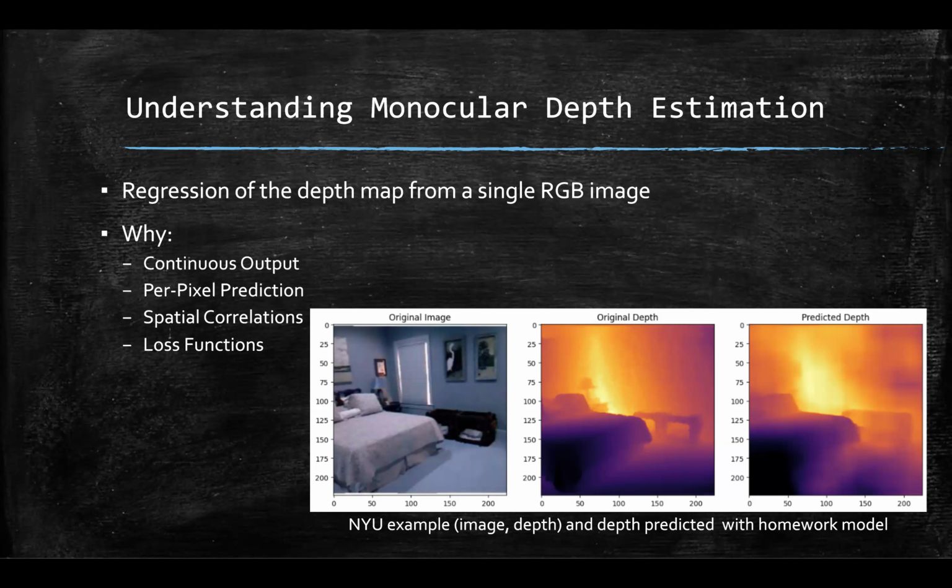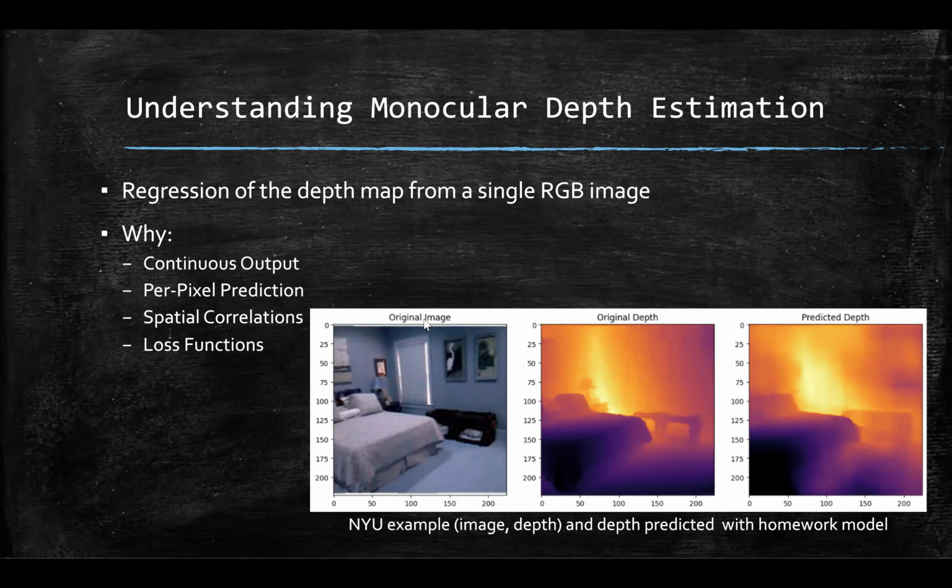Depth values in real-world scenes are typically smooth and exhibit spatial correlation, except at object boundaries or discontinuities. Regression methods, especially with convolutional layers, can capture this spatial correlation to some extent.